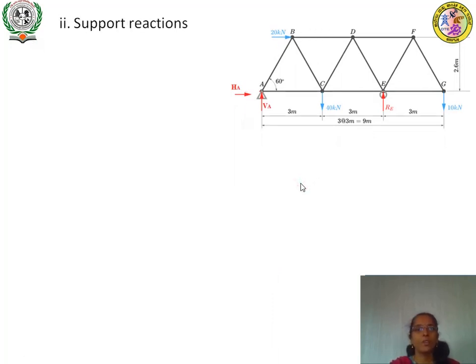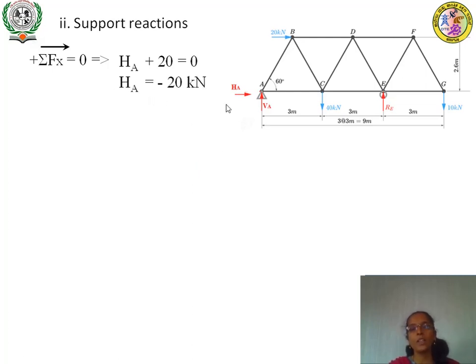Okay, support reactions. Let us apply the first equilibrium condition, that is sigma Fx equals 0, which implies HA is in positive direction and 20 kilonewton is also in positive direction, therefore HA plus 20 is equal to 0, therefore HA is equal to minus 20 kilonewton. Minus indicates that this assumed direction is opposite to the actual direction.